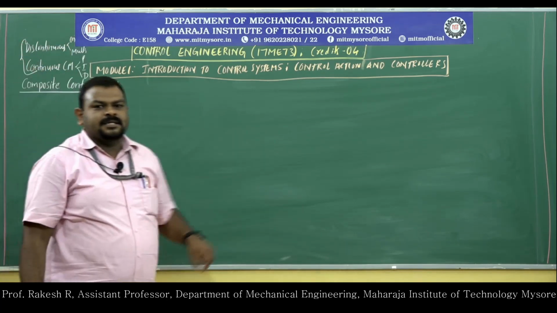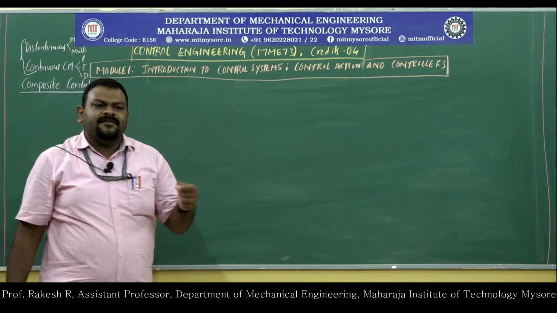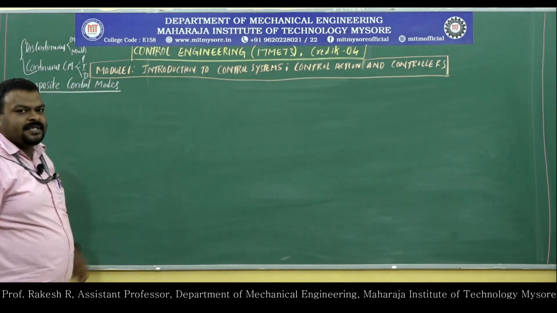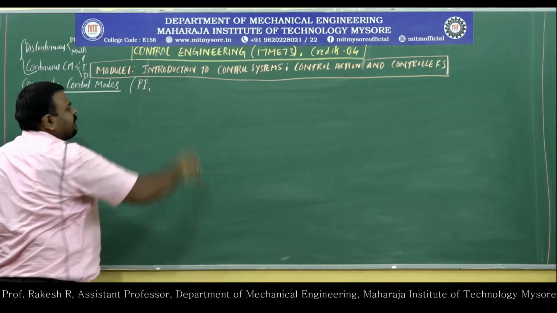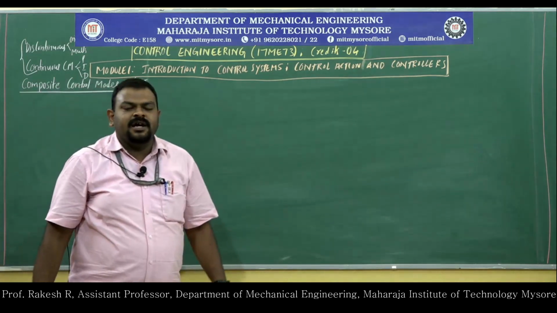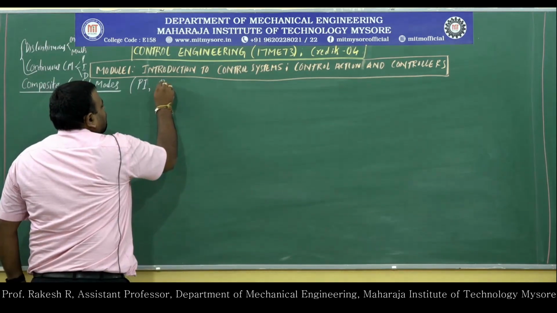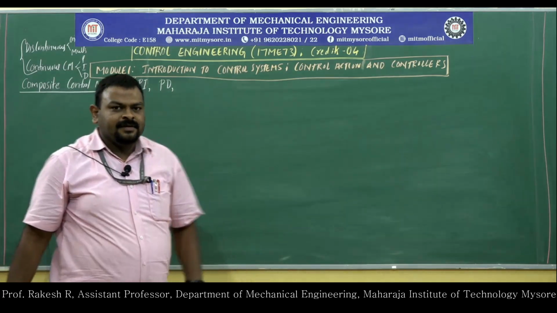In this class, we will be discussing composite control mode. Composite, the name itself indicates it is a combination. In composite control modes, there are three configurations. One is the proportional plus integral type configuration, called the PI controller. Then the proportional plus derivative controller, called the PD controller.